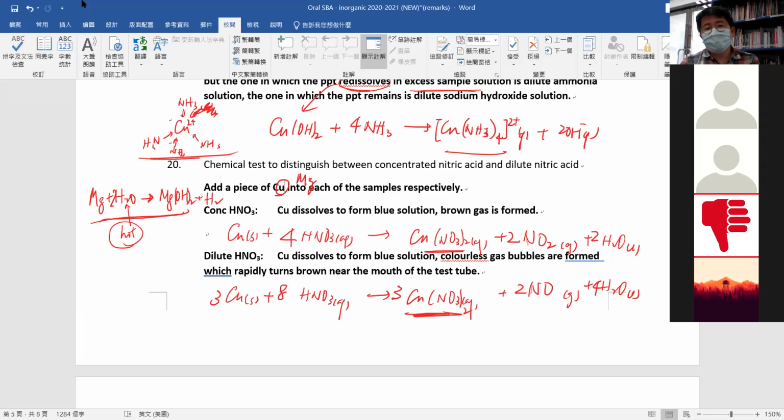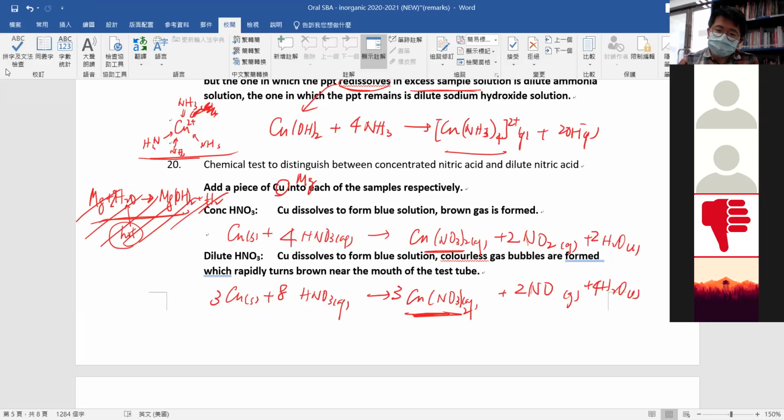Point number one. But once you are given concentrated nitric acid and dilute nitric acid, that is the acid which will rapidly react with magnesium instead of water. The reaction between water and Mg is rather slow.